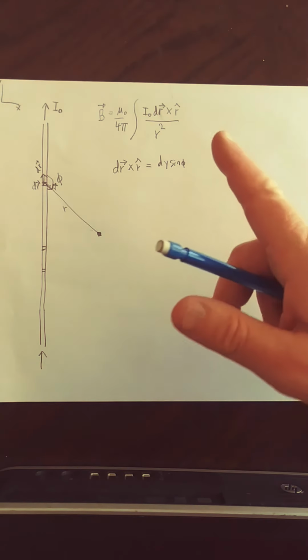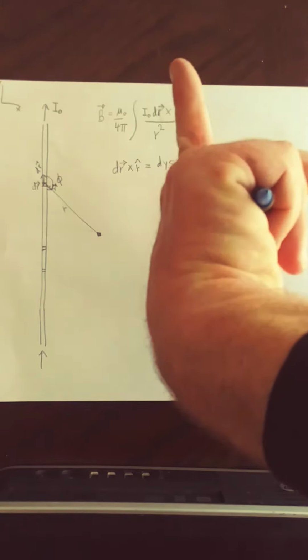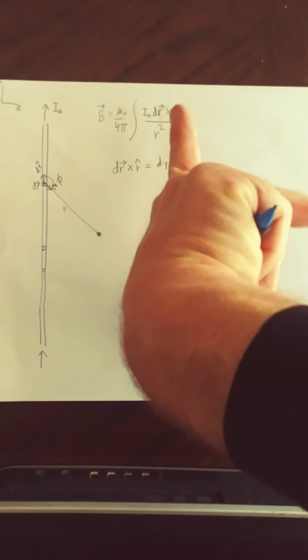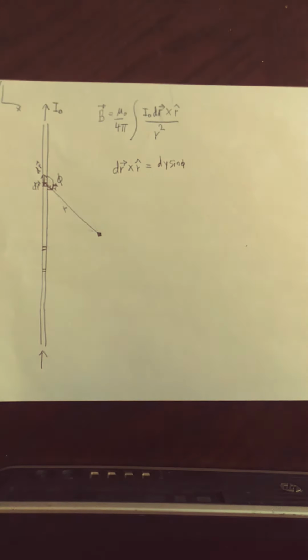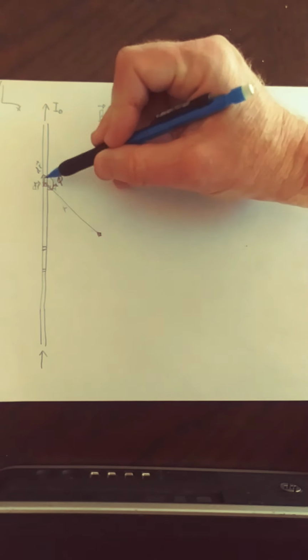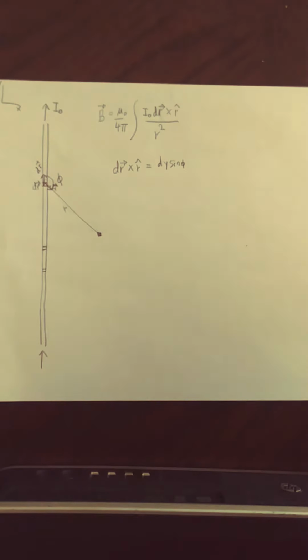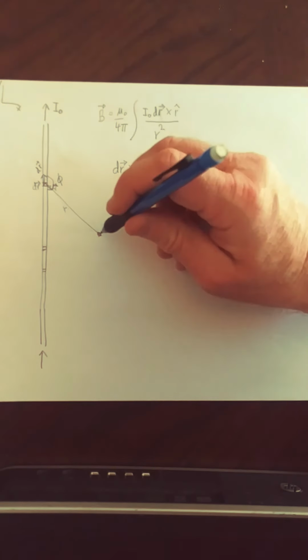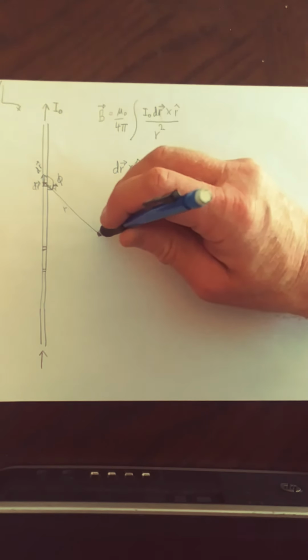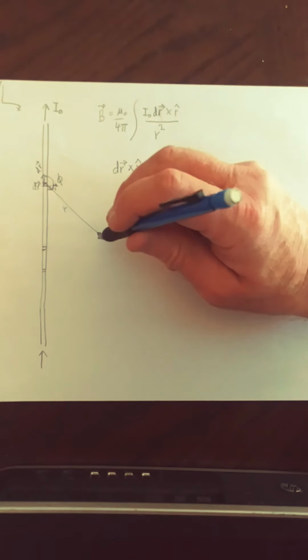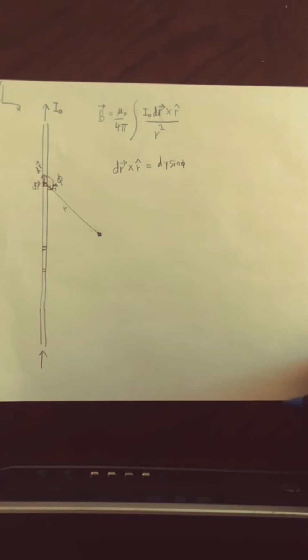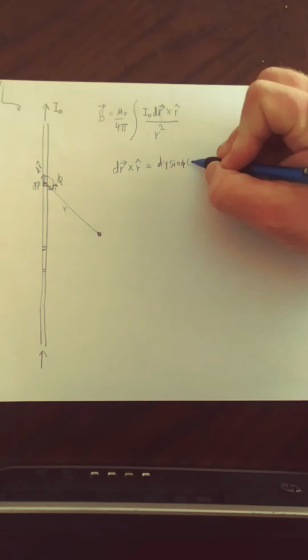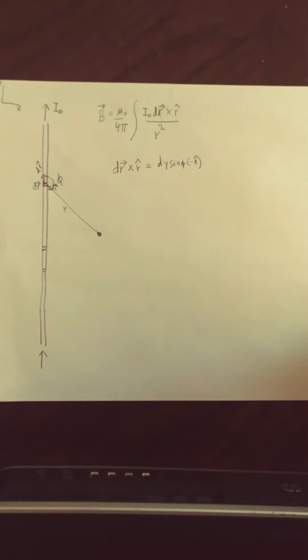With my right hand, my middle finger has to point not at 90 degrees but a little bit further, since the angle is larger than 90 degrees. The resulting vector, the thumb, is pointing into the page, so that is the minus z direction: minus k hat.